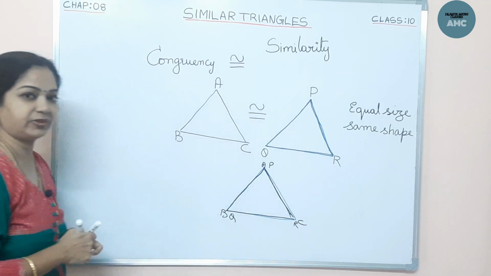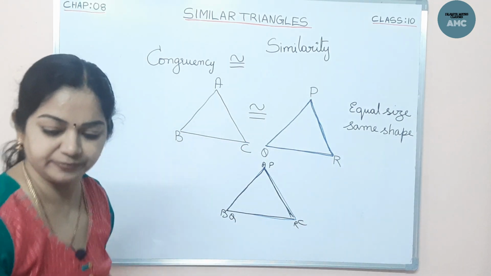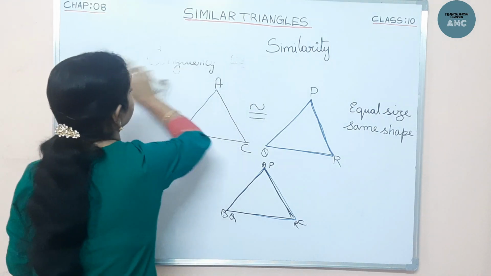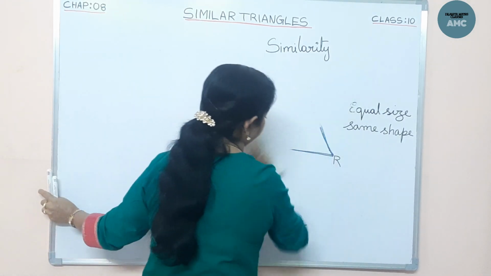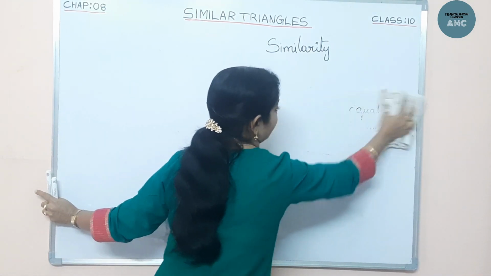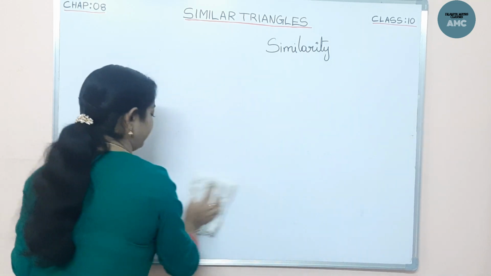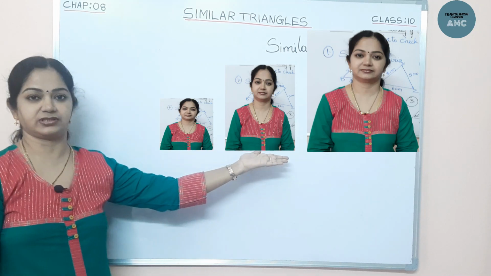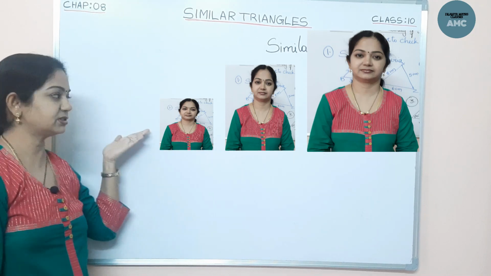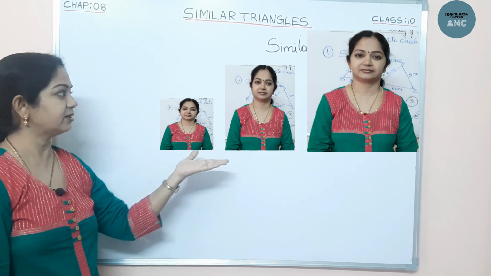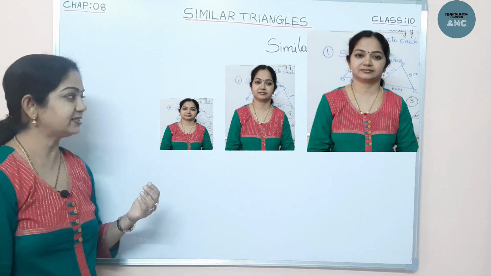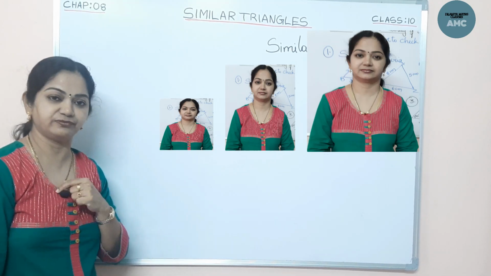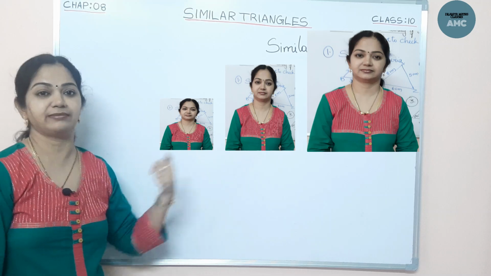Here, I'll be giving you a few photographs of mine. See the photographs on the board. See this? All the three photographs here. All these three photographs, there is a variation. Now, I tell that they are photographs of mine. That means they are all similar, I tell.